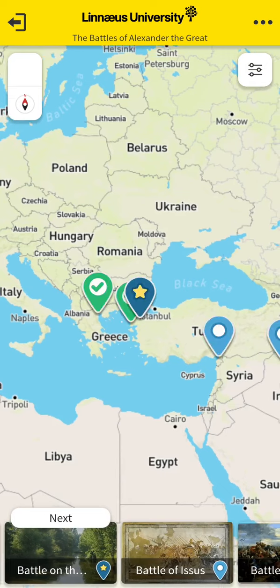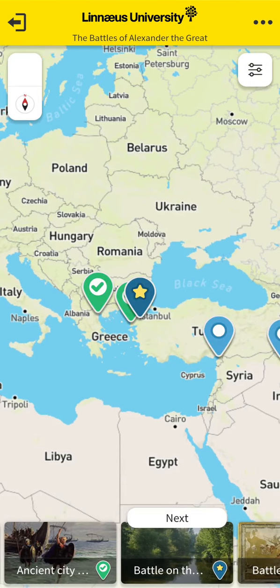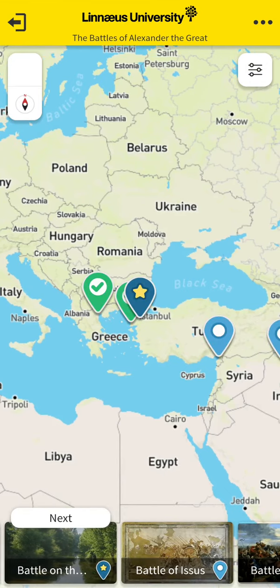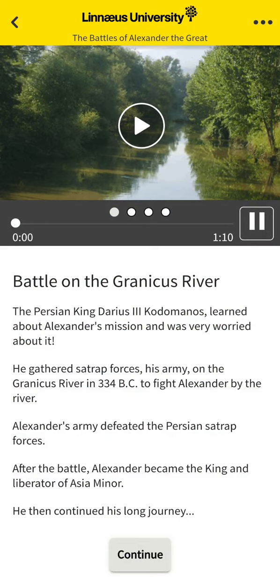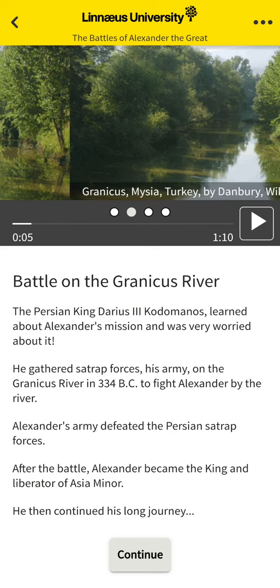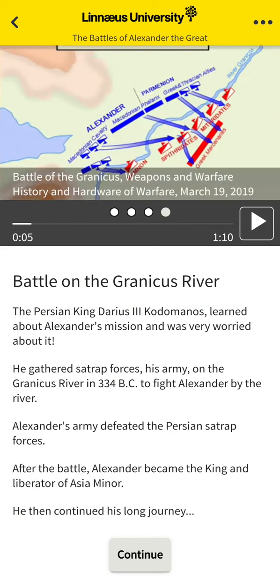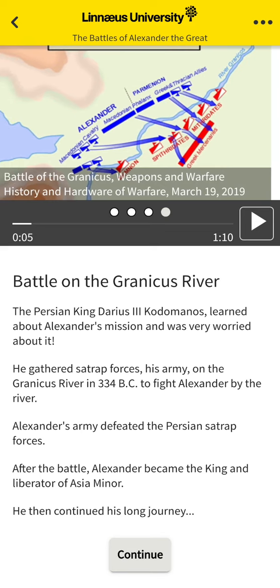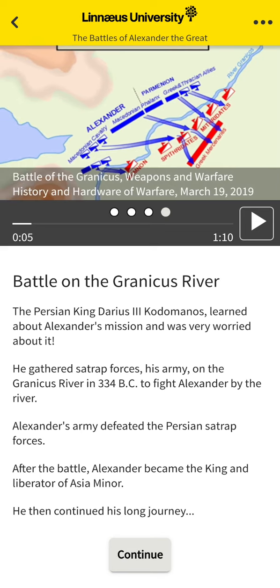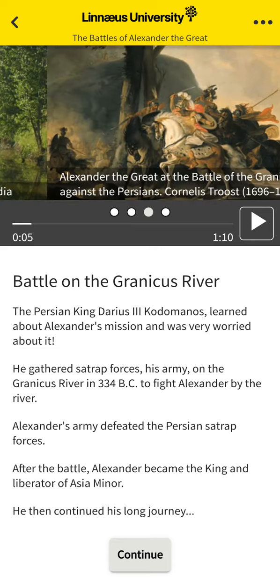So if we talk about the third place, which I believe is the Battle of the Granicus River. Again, it has some sound elements, a few images with their context. This is the route of the battle. You can see that, and a video.